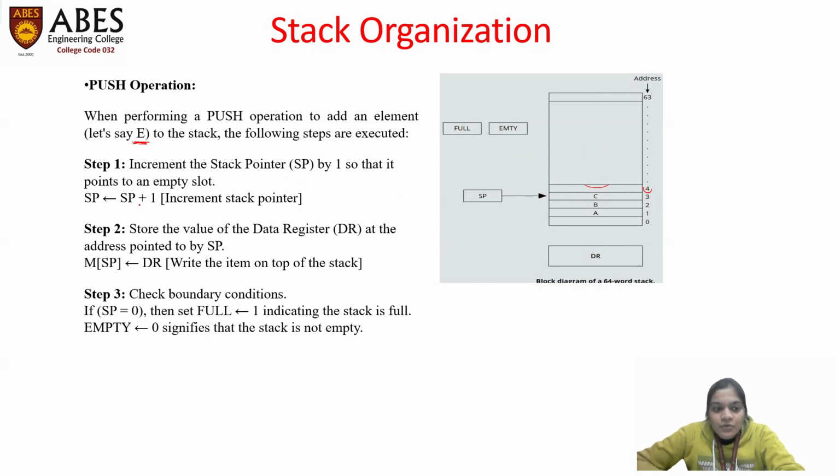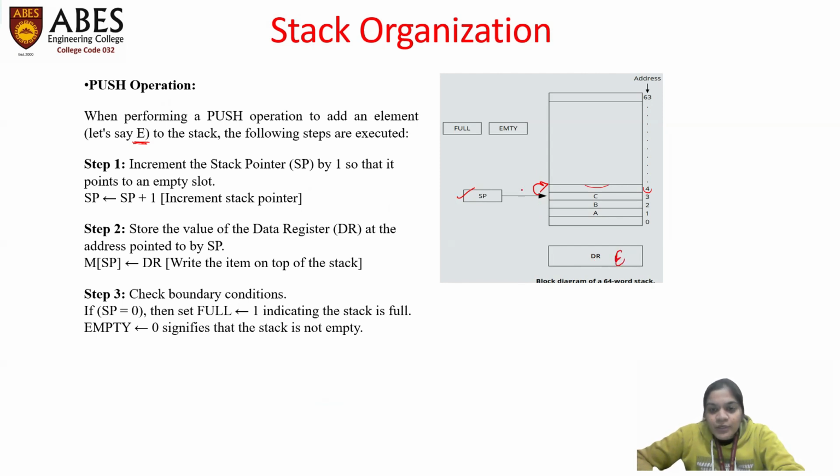So what happens over here is our stack pointer value will be incremented by 1. The stack pointer first gets incremented to a new location, and this value E must be stored in the data register.